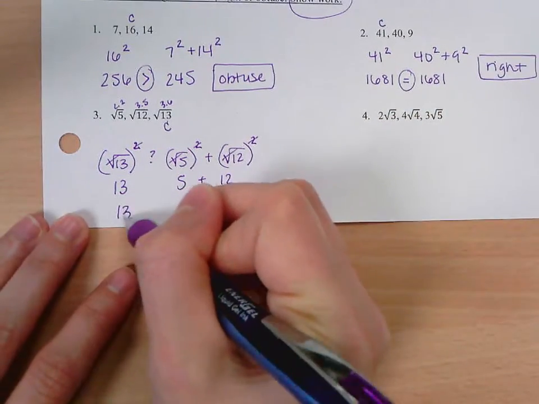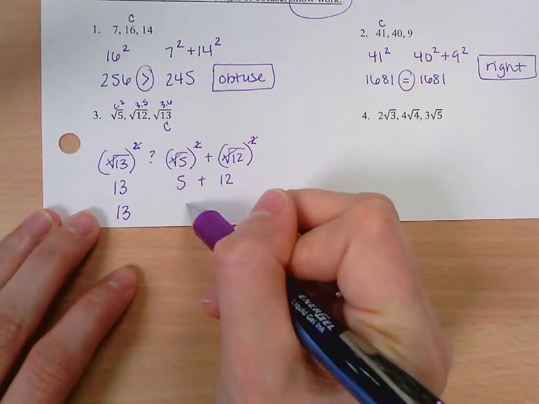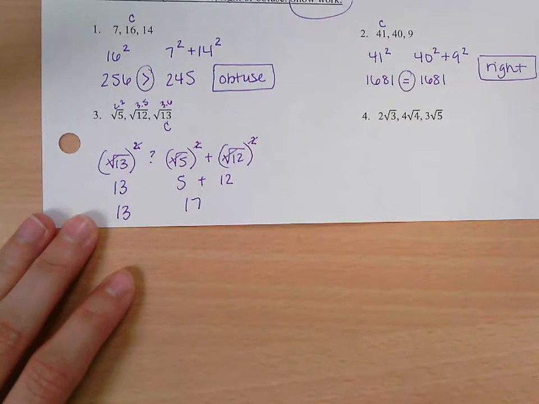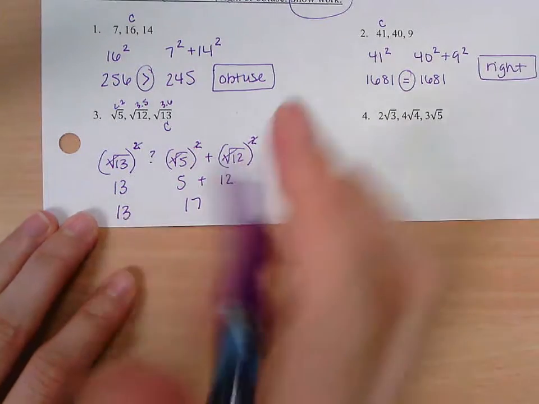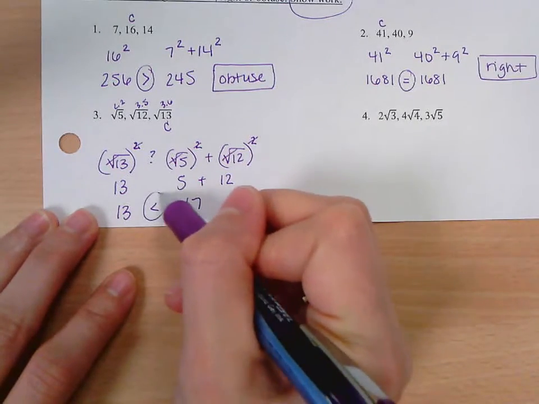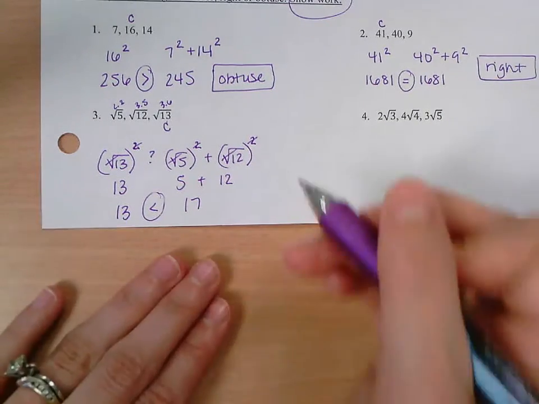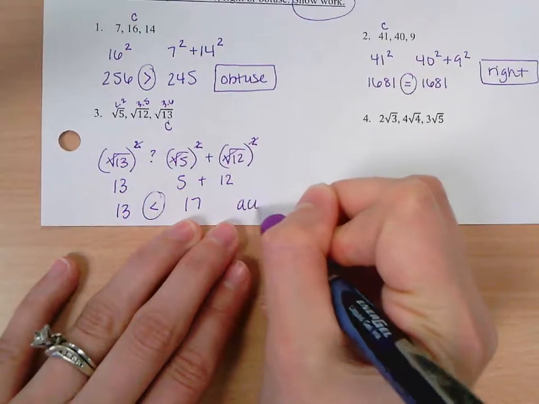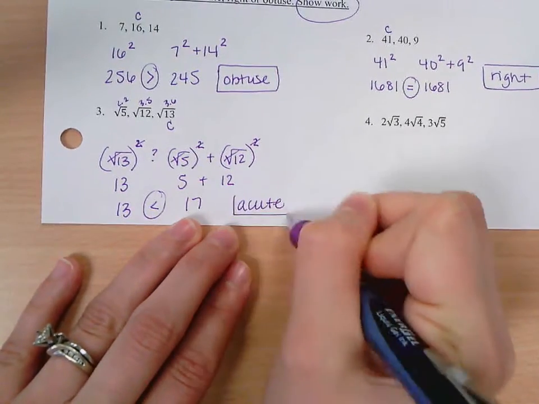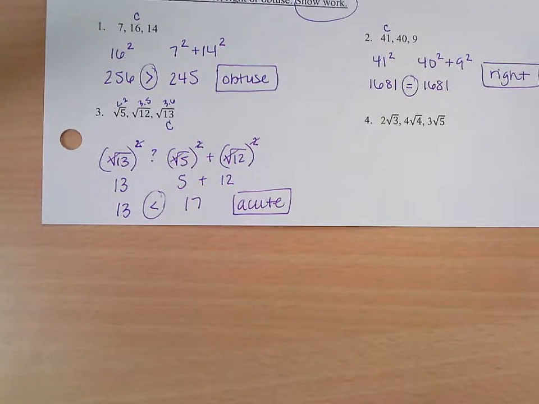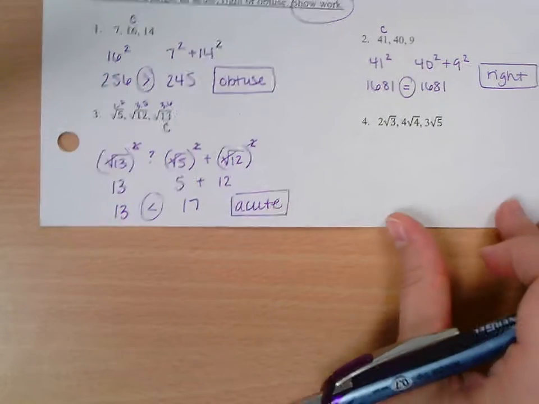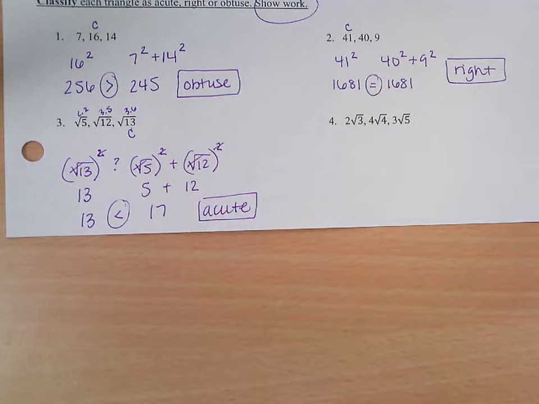So I'm comparing 13 to 5 plus 12, which is 17. Okay, so 13 is less than 17, meaning I have an acute triangle. Questions on that one?